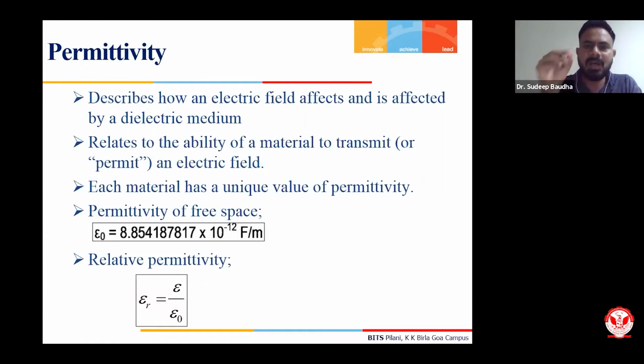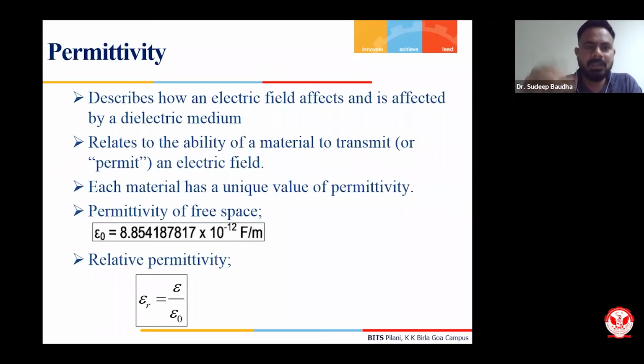How will an electric field be affected by a medium with certain dielectric properties? This property is known as the permittivity of the medium. Please remember this: it is the inherent property of the medium which cannot be changed.